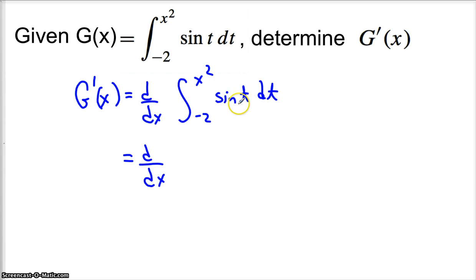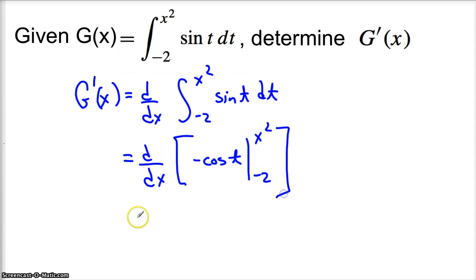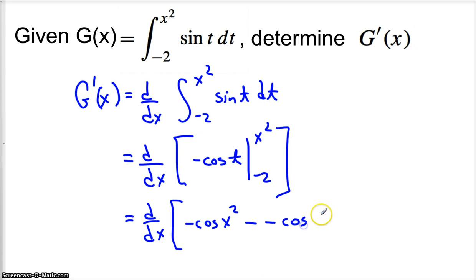So the antiderivative of sine t is negative cos t, evaluated from -2 to x squared. Let's work this out. This is going to be negative cos x squared minus negative cos -2.